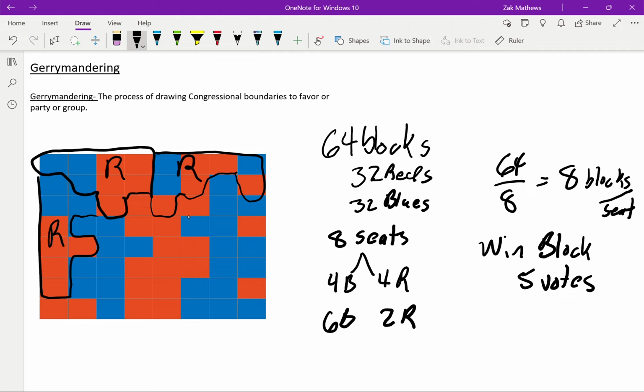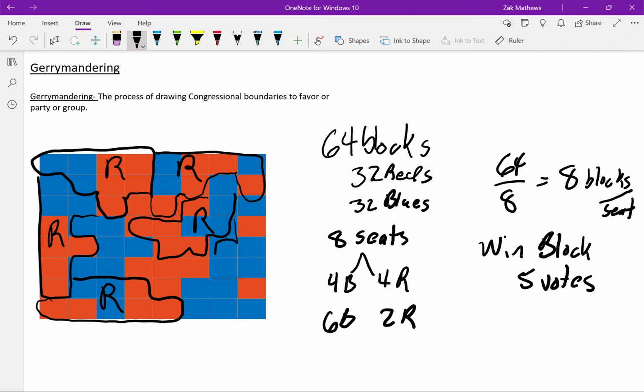And then I'm going to take 1, 2, 3, 4, 5, and 3. There's another red win. And then 1, 2, 3, 4, 5, and 3, another red win, and another red win. Now that one I might run into a little bit of trouble because I'm not going to be able to include those last groups of blues.